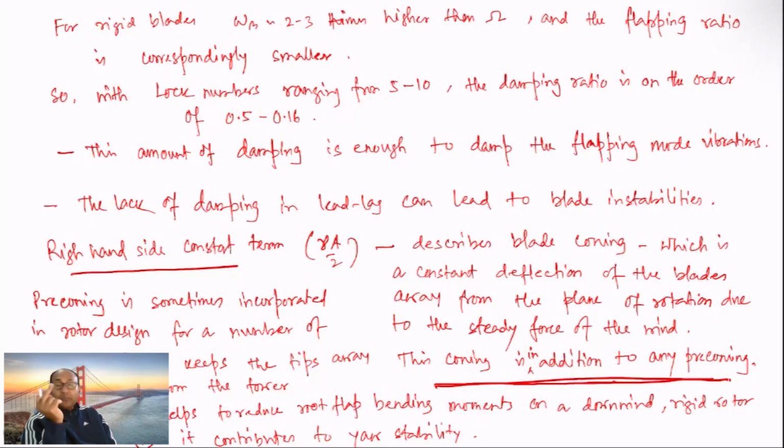It keeps the tips away from the rotor. It helps to reduce bending moments on a downwind rigid rotor, root flap bending moments. It contributes to some extent to yaw stability. So that is why some kind of pre-coning is done in the rotor design also.